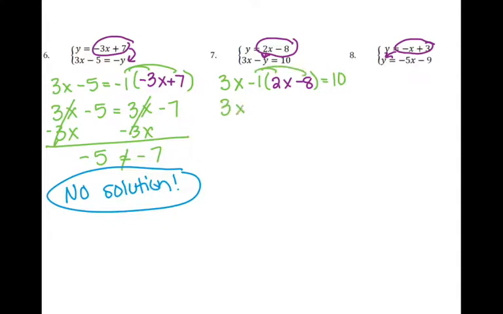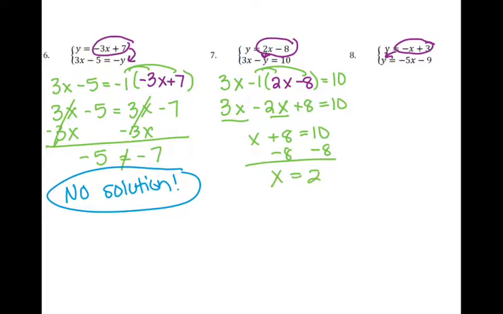So I have 3x minus 2x, since I'm distributing the negative 1. Negative 1 times negative 8 is a positive 8 equals 10. Combine like terms, 3x minus 2x is 1x, plus 8 equals 10. Subtract 8 from both sides, that gives me x equals 2.